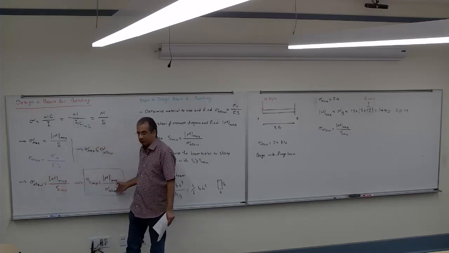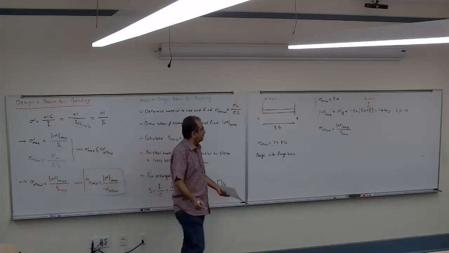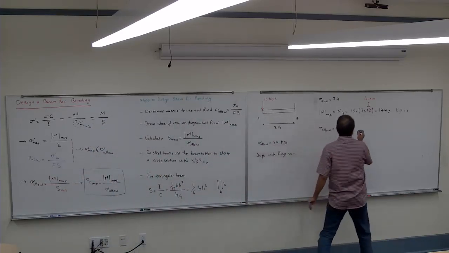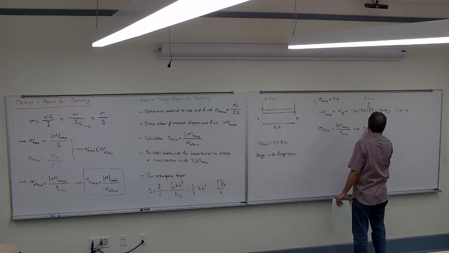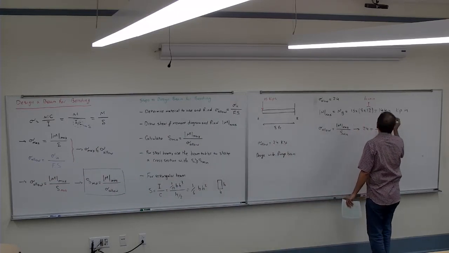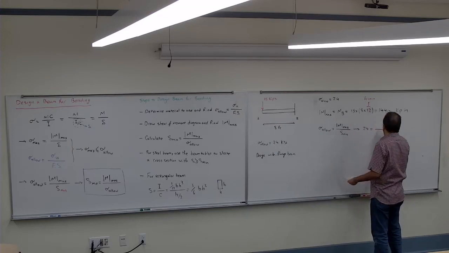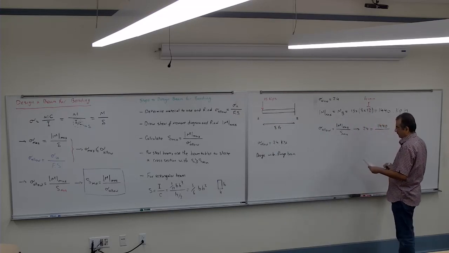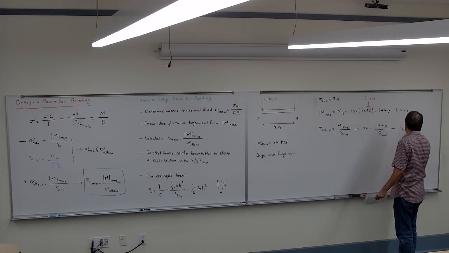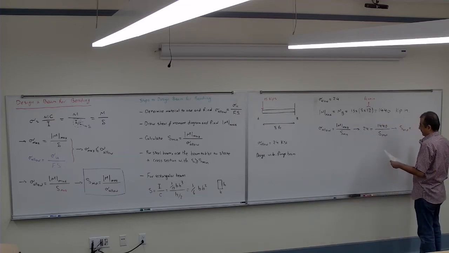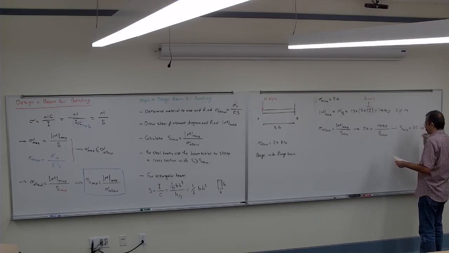But if you start to write it like that, that's okay. So therefore I have 24 is equal to M max, which is 1,440, over the S min. Therefore the S min, the minimum S I can have, is 60 inch cubed.